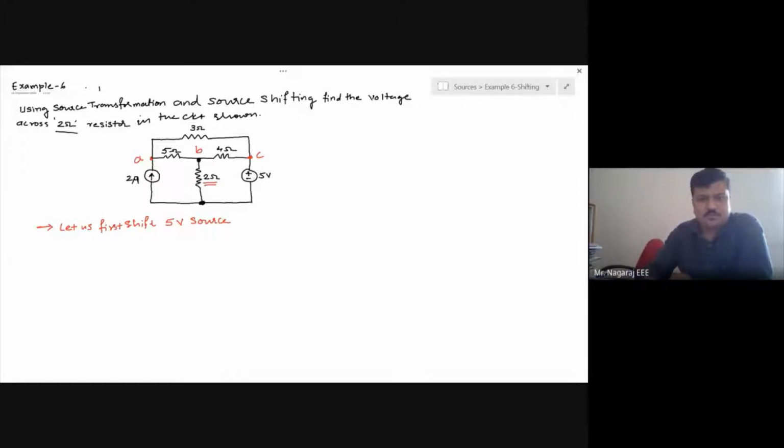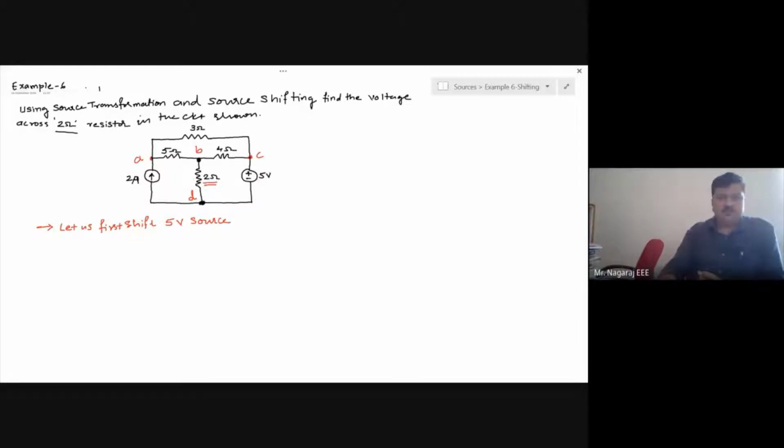There is a possibility of shifting this 5 volt source beyond the node C, and also you can name this node D, beyond the node D also. There is a possibility of shifting this 5 volt source beyond node C and beyond node D.